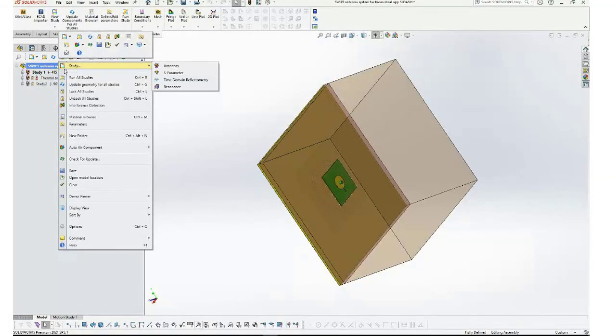You do antennas when you expect radiation to leak away and propagate away from your antenna structure. S parameter is something we use for frequency responsive systems, or between interconnects, where the energy is essentially confined to propagation. You can also do some time domain simulation and resonance analysis. This is all done the same way.